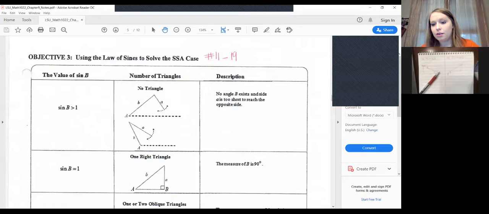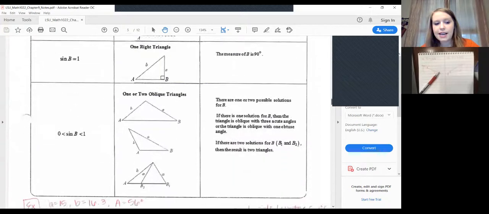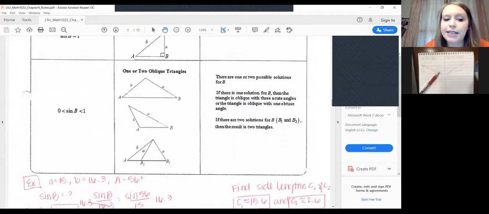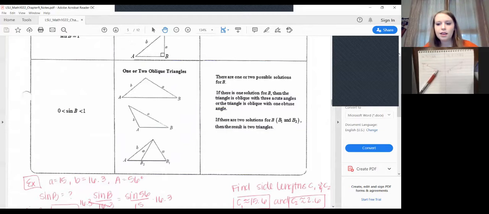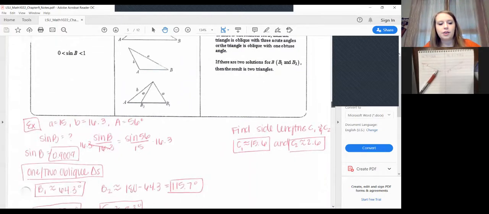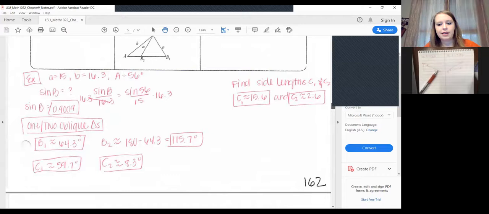B is a 90-degree angle. And if sine of B is in between 0 and 1, so it has to be positive, but less than 1, then you could have 1 or 2, and I'm going to show you how to figure out if it's 1 or 2. Okay, so I think I did kind of an example of each of them.